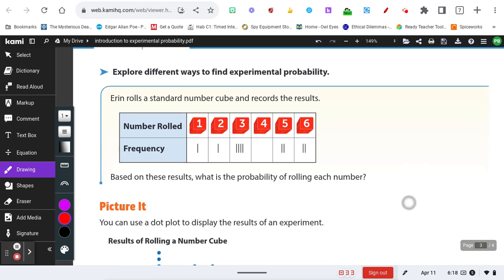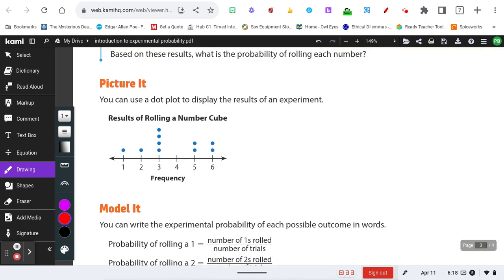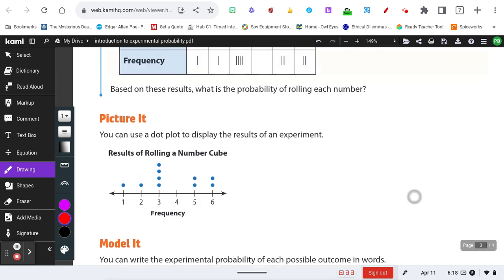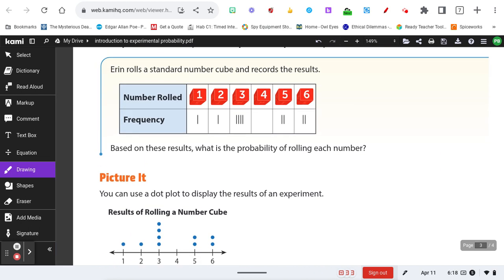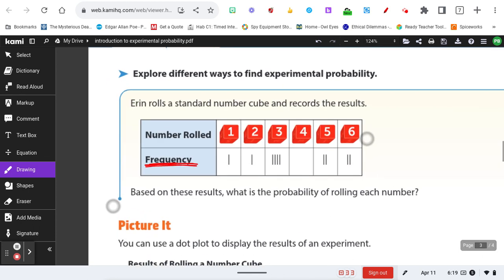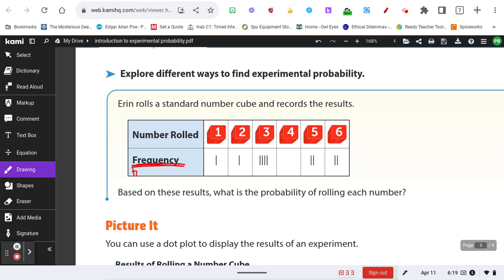All right, let's go to page 692. This time your frequency, how often something happened, is written as tally marks. It says Aaron rolls a number cube and records the results.